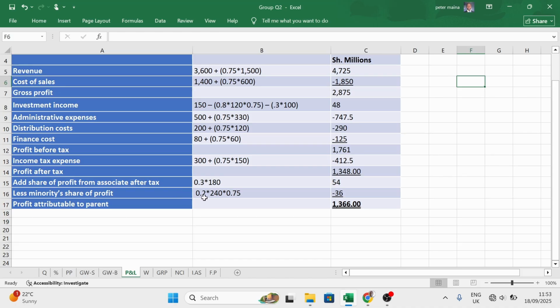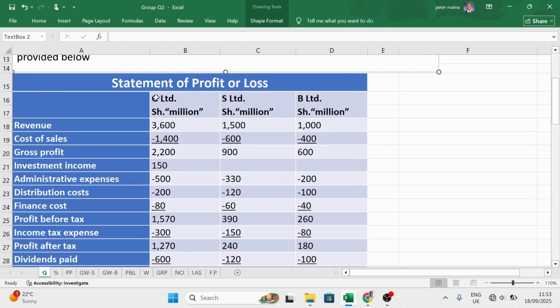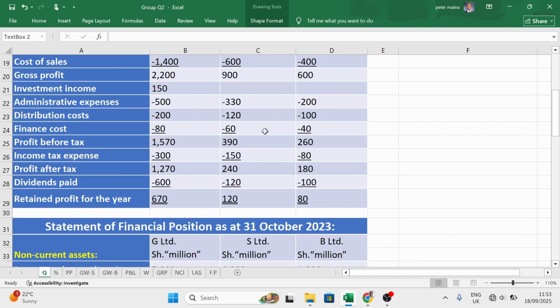That is why we have 0.2 here. Multiply this by profit after tax in the subsidiary. So we go to the statement of profit or loss, the subsidiary's column, S Limited. Check for profit after tax, it was 240. So the minority will take 20% of this.